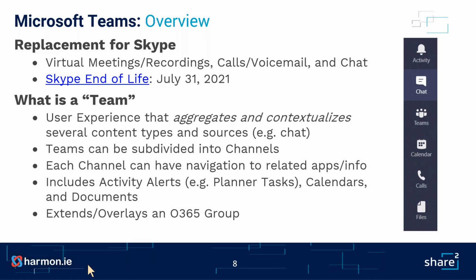The channels can have navigation to related applications. You're going to see that in the demo. It has things like activity alerts, tasks from Planner, calendars, documents. So it's a great interface to sit on top of what was getting a little unwieldy in terms of content.